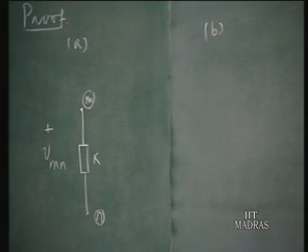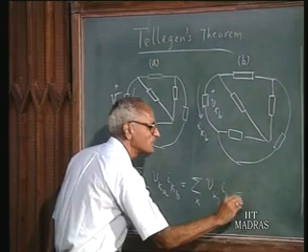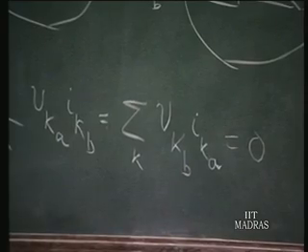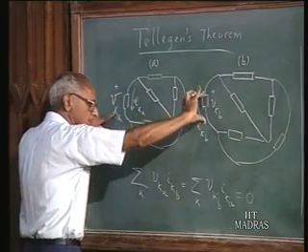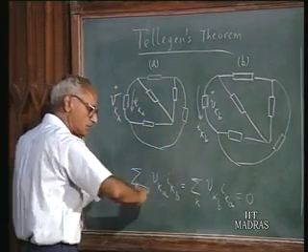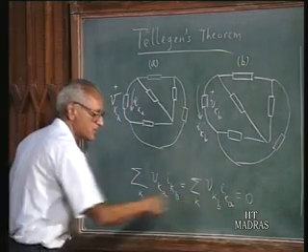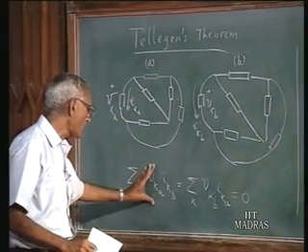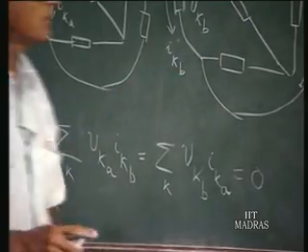By the way, Tellegen's theorem says not only these two are equal, but they are also equal to 0. You take the voltage of the kth element, multiply with the current in the kth element in the B network, sum them up, it will be 0. Similarly, if you do the reverse operations, both these expressions are equal to 0. So we would like to show that the sum of these products is equal to 0. That is what we are going to establish.